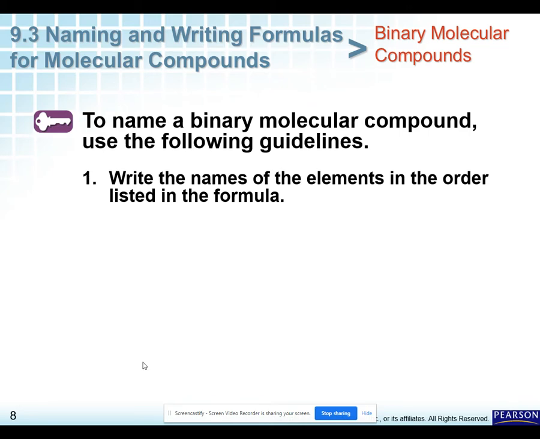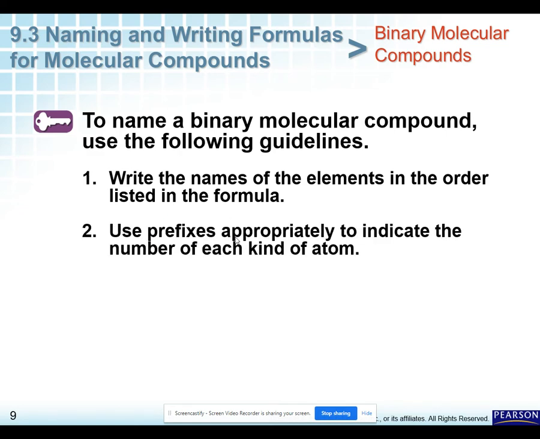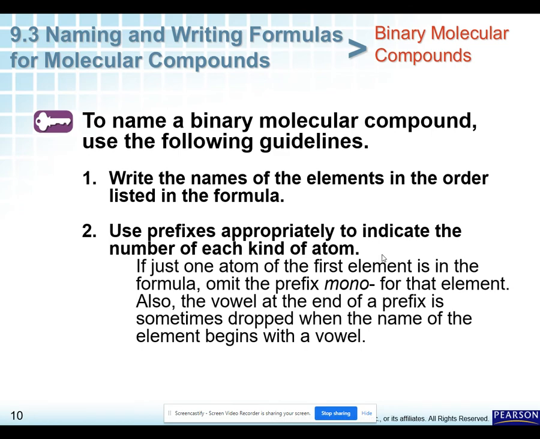So let's look at how to name binary compounds first. We're going to use the following rules. First, you write the names of the elements in the order they are in the formula. Next, you're going to use prefixes to indicate the number of each kind of atom. If there's just one atom in the first element, you don't have to write mono.